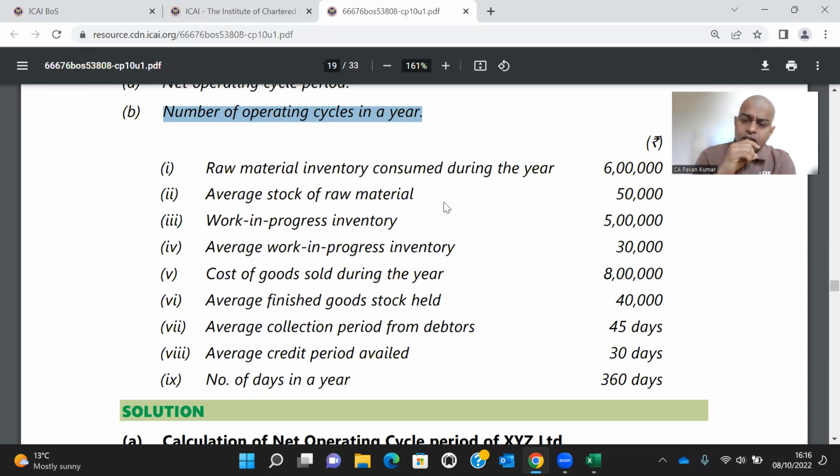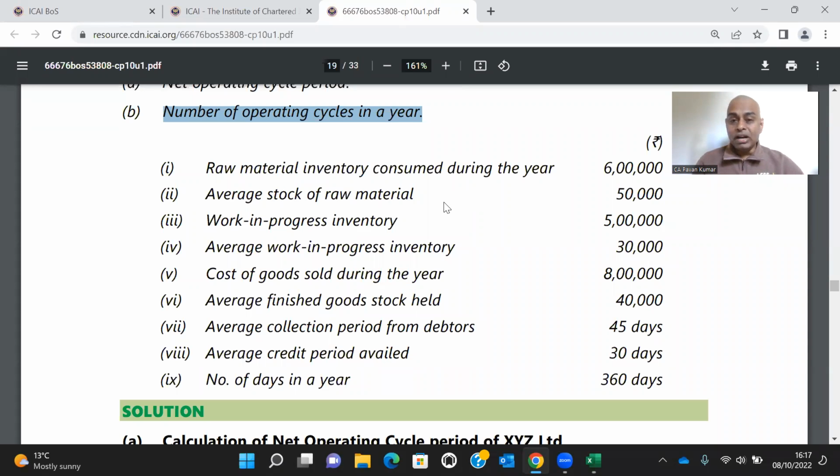So tell me one thing, shall I take 365 or 360? Sir, if we take 365, there will be a round off problem, sir. Correct. So what should I take, 365 or 360? Did you observe in the ICAI book, some problems use 365, some use 360?